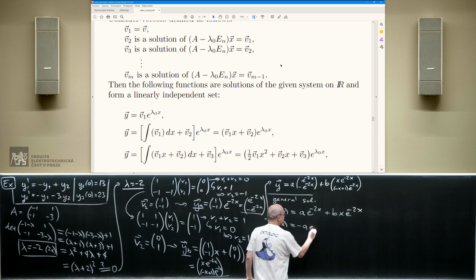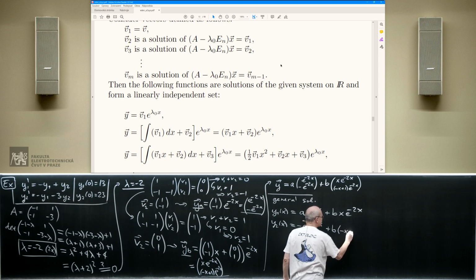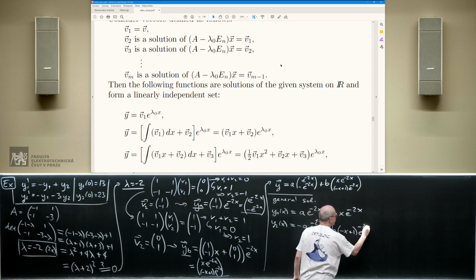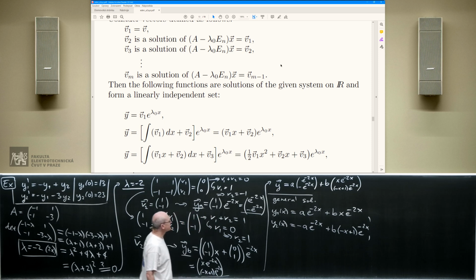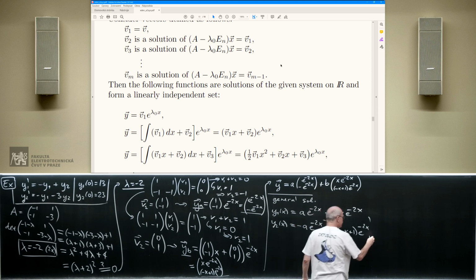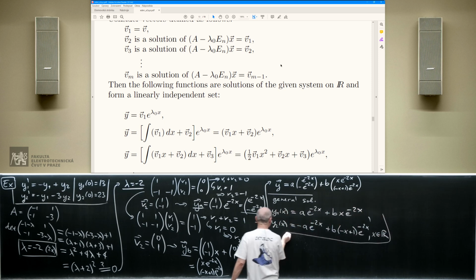Minus a e to negative 2x plus b times minus x plus 1 e to negative 2x. Any restrictions anywhere? Not really. Everything is fine. So region of validity, x belonging to real numbers. And that's the general solution.